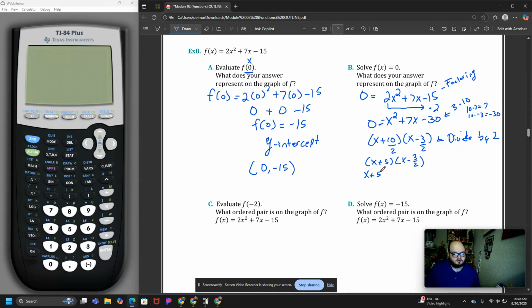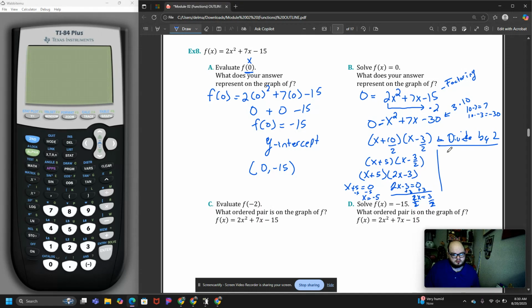We've got to bring the 2 back out in front, right? So it becomes x plus 5 times 2x minus 3. Okay, so now we have to set those equal to 0 to solve. So x equals negative 5, 2x equals 3, and this is going to kind of run into the next problem. x equals 3/2.